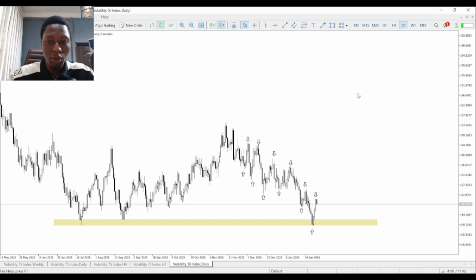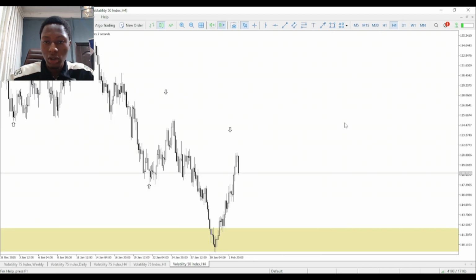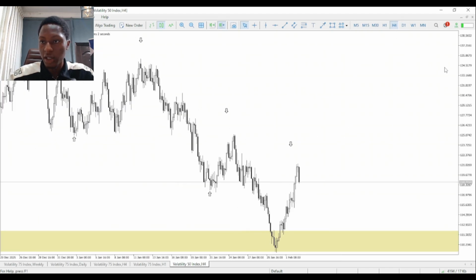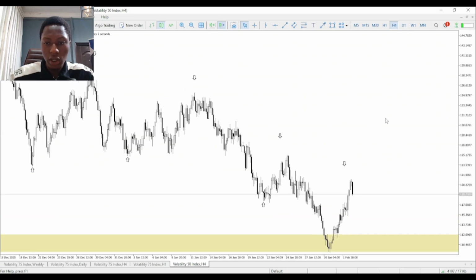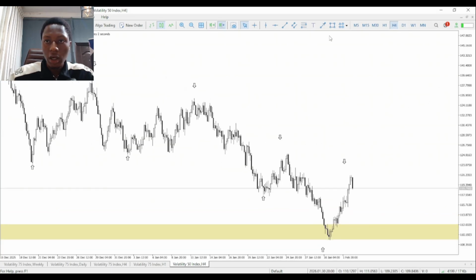So now let's dive deep into the other time frame, like the 4 hours here. Looking at the 4 hours, you can see how clean the movement is. Previously we had a support level that stopped price from moving down. We have this strong support level right here, and unfortunately price tested this level 1, 2, 3, 4, 5, 6 times, and it gets weaker.